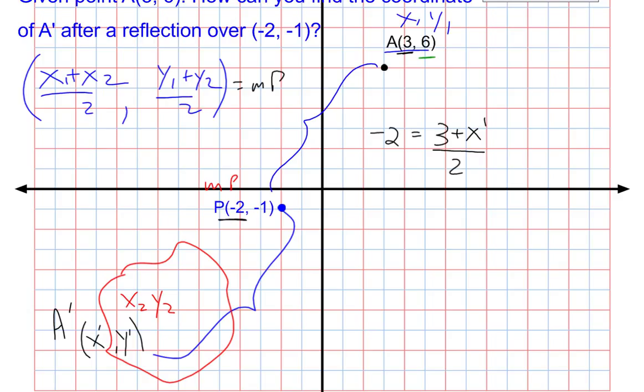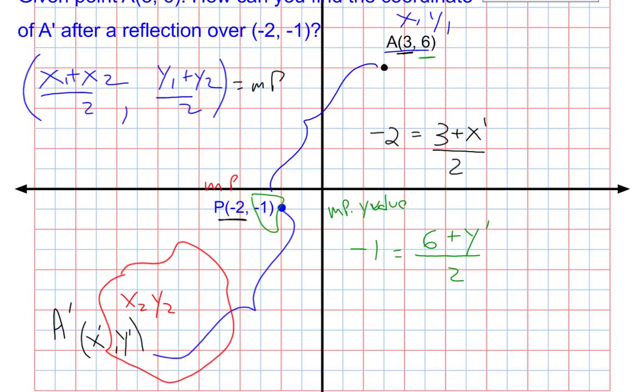So if I add 6 plus y prime over 2, that is going to be equal to negative 1. This is the midpoint's y value right over here. So minus 1 is equal to (6 + y prime) over 2.